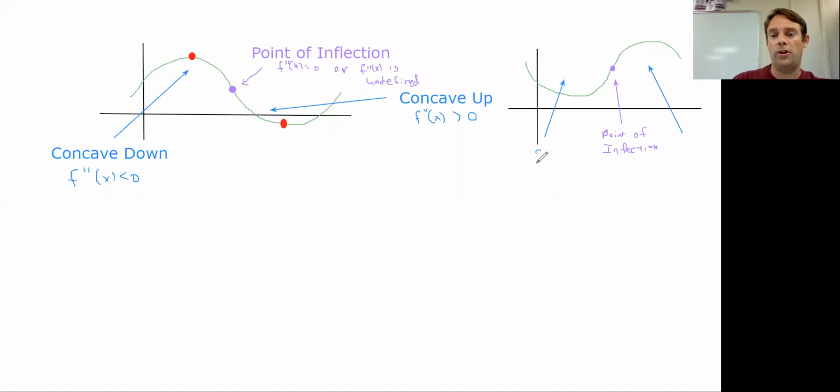So again, this is concave up because the second derivative would be greater than 0. And this would be concave down because the second derivative would be less than 0. Let's just write that back in there again. So this is concave up right here, and this would be concave down.